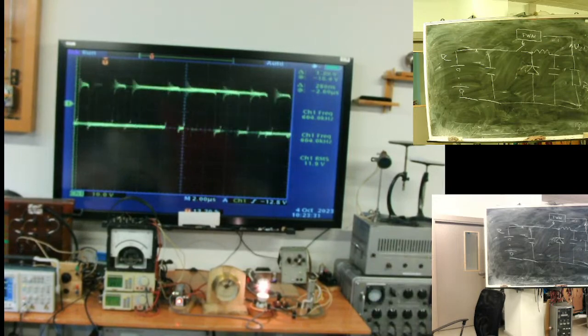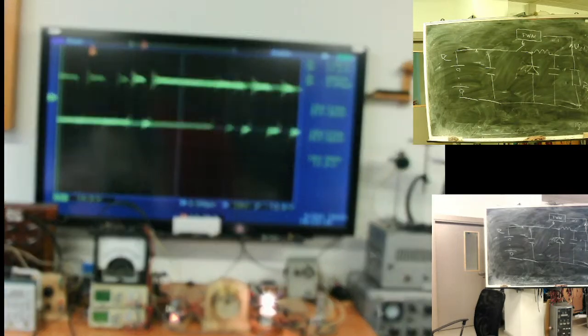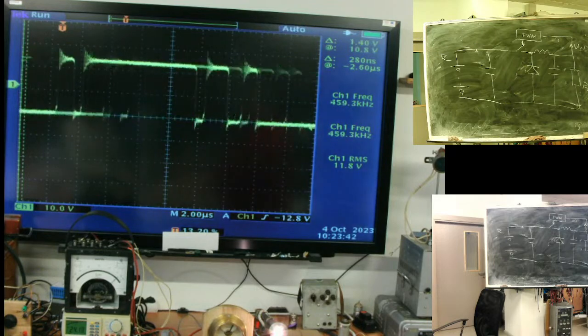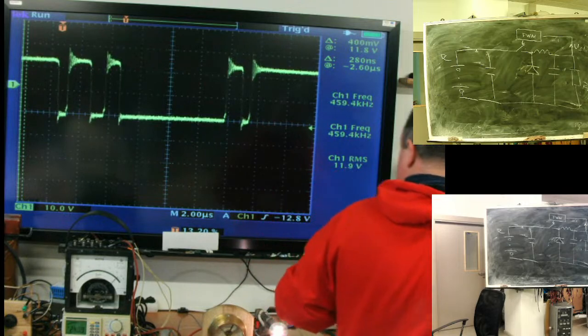A bit down. This is the voltage after the switch.